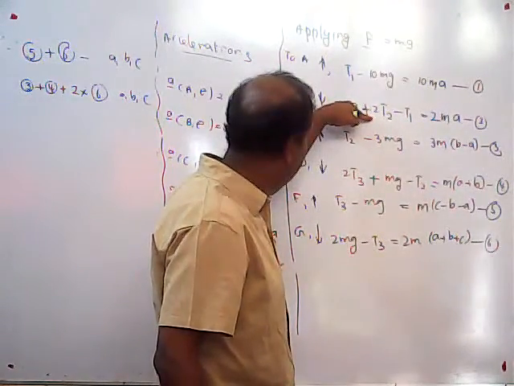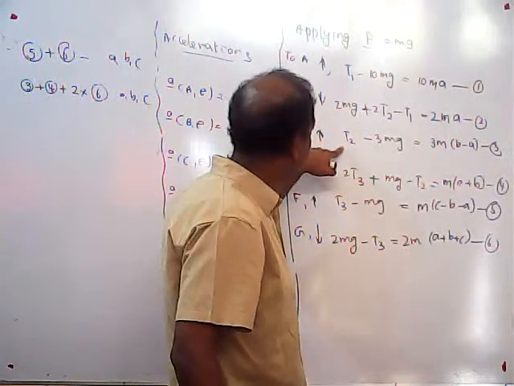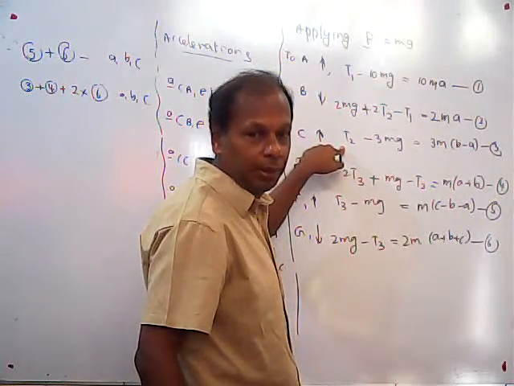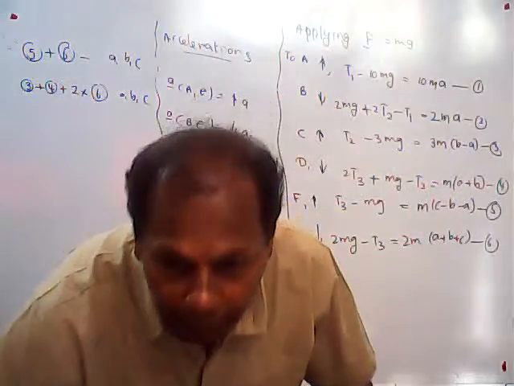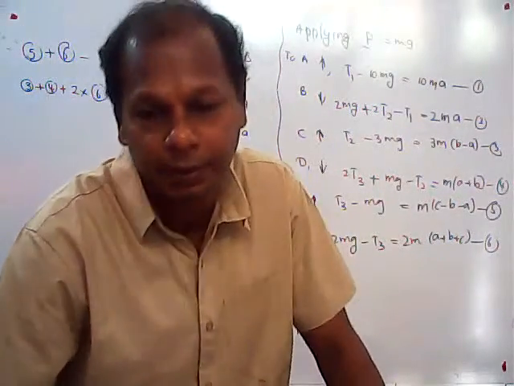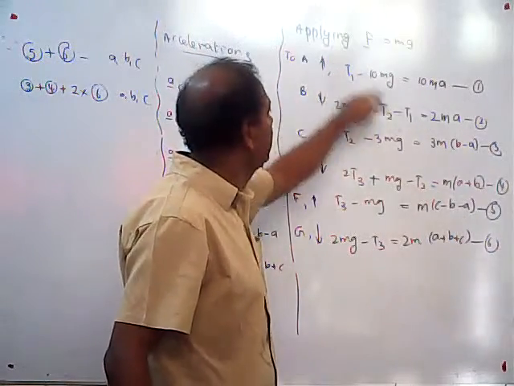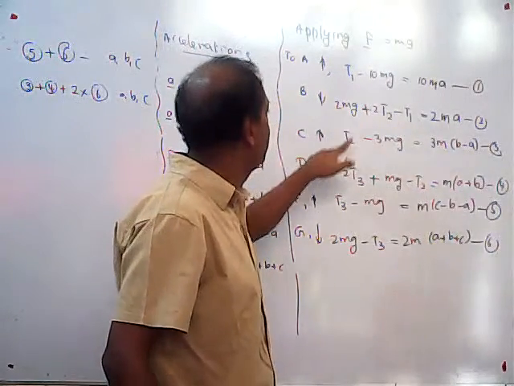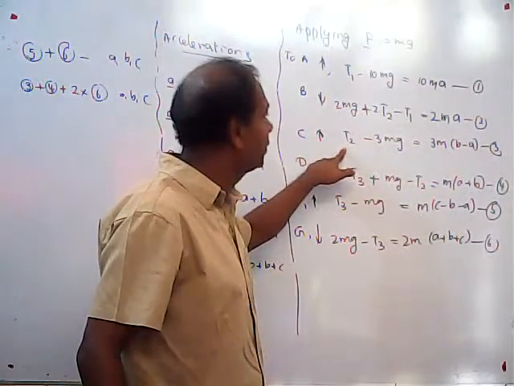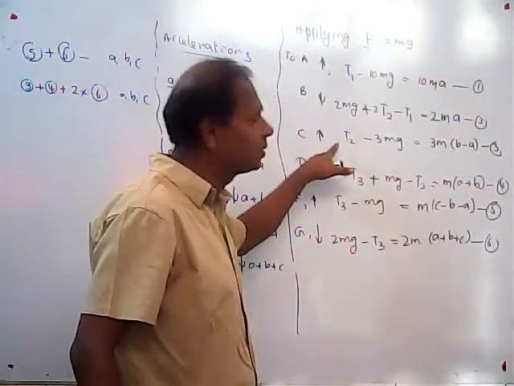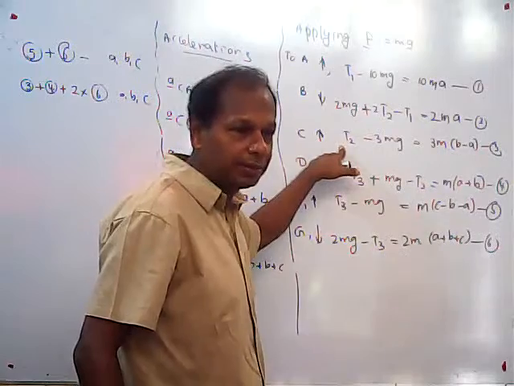To get rid of P2, you can multiply this by 2 and subtract. Correct. 1 plus 2, that will take P1 off, then multiply this by 2 and subtract. So 1 plus 2 minus 2 times P3. Your idea is correct.